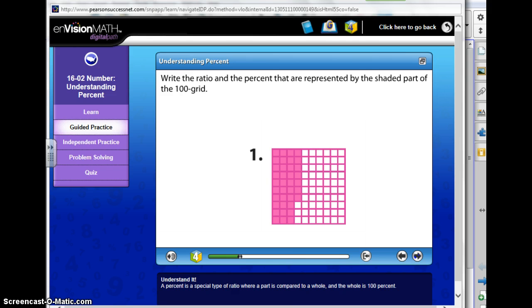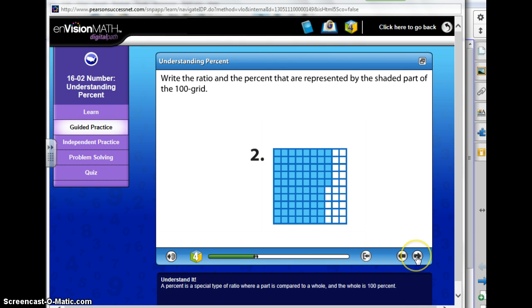Grid number 2. Give me the percent that are shaded in number 2. The percent that are shaded. Kaylin.